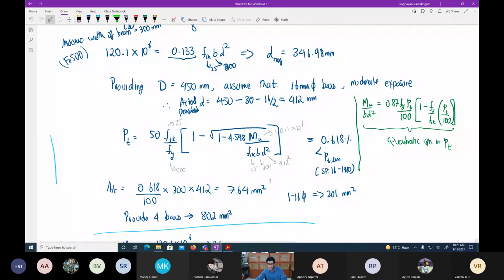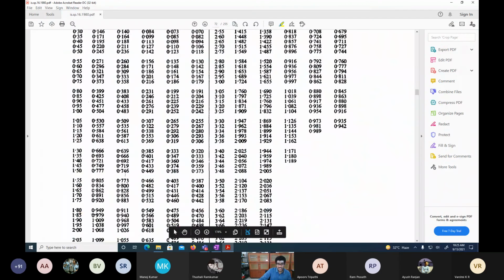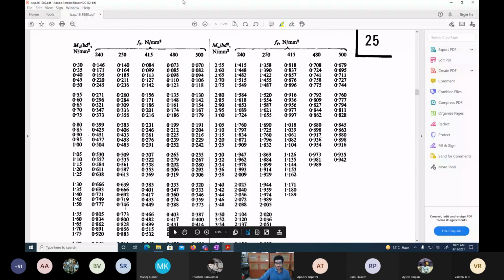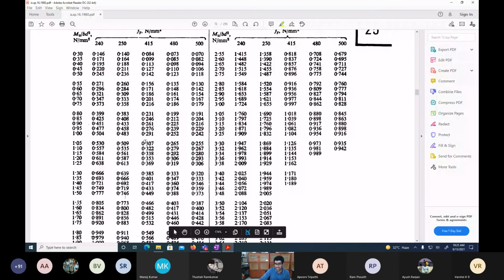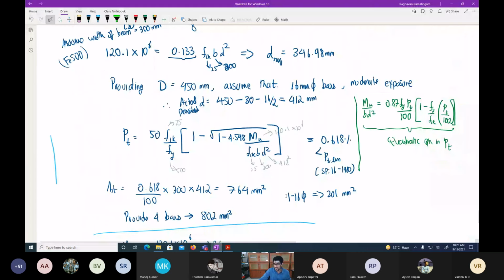And now, finally, how did this table come? That is the question. Who actually generated these tables? The answer is here. Basically, they took a big array of different values of MU by BD square and different values of Fy, and they iteratively found a big matrix of solutions for PT.